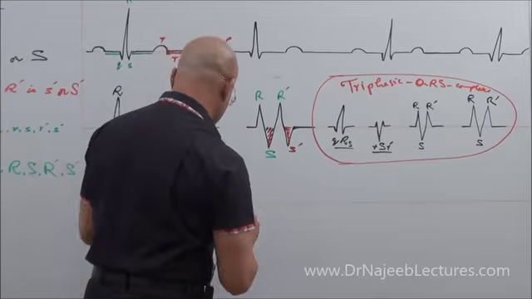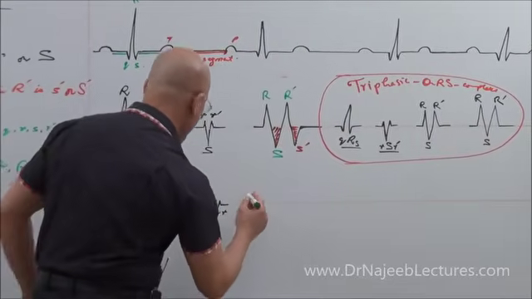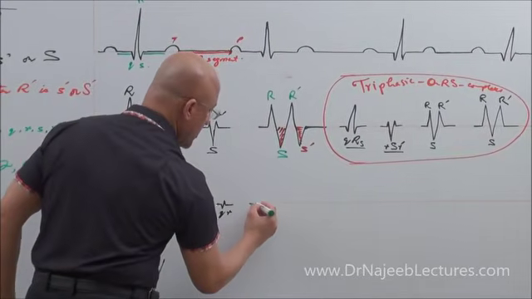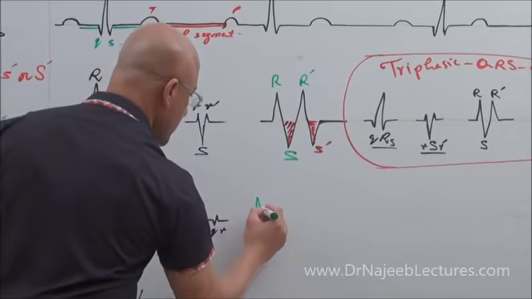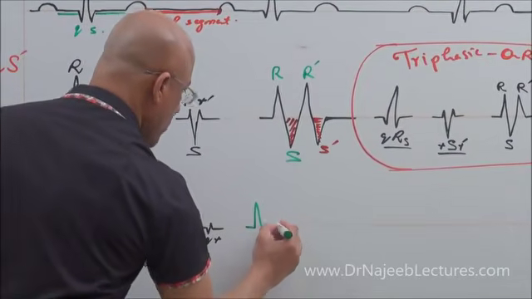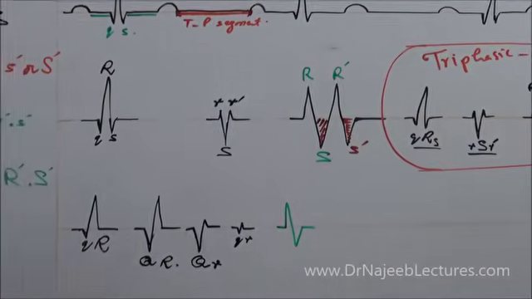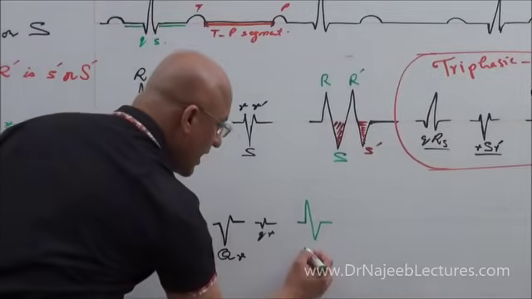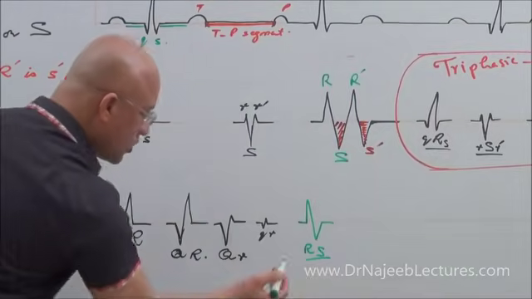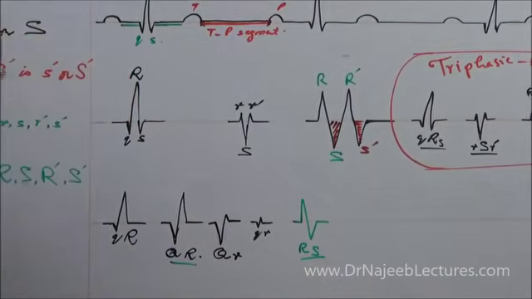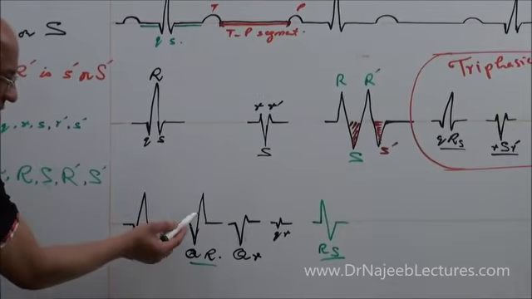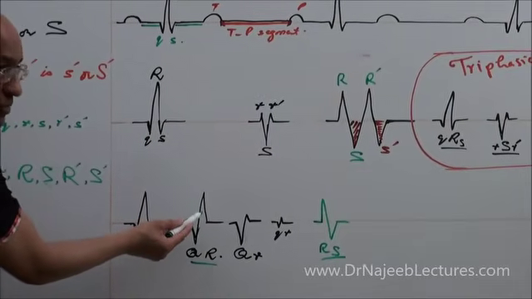Let's suppose here. What is this complex? RS. Now you see RS is different than QR. In QR, the negative deflection is before the first positive.